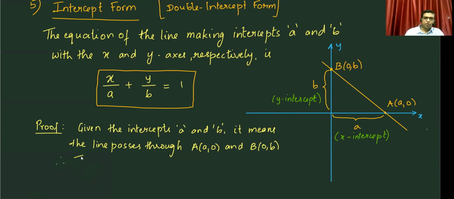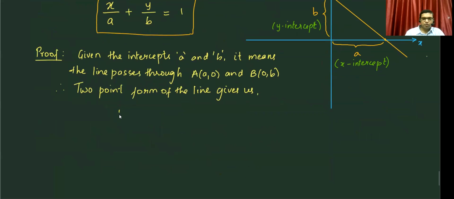Therefore, 2-point form of the line, or you can do slope intercept form of the line also. Anything you can do. So you get y minus 0 is equal to b minus 0 by 0 minus a into x minus a.